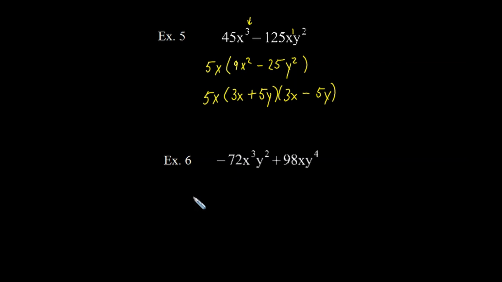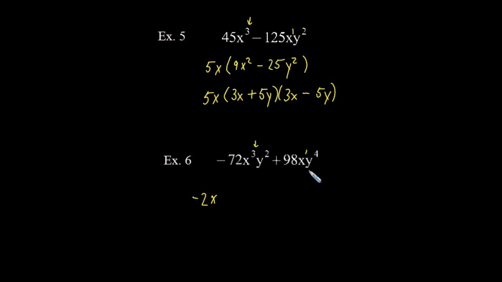So we definitely want to take out a negative because we do not want a leading coefficient that's negative. Looks like both terms are divisible by a 2 minimally. And then we have an odd coefficient here. We have x to the first power, so we can take out an x. That will leave an x squared here, and no x's in the second term. And here we have y squared and y to the fourth.